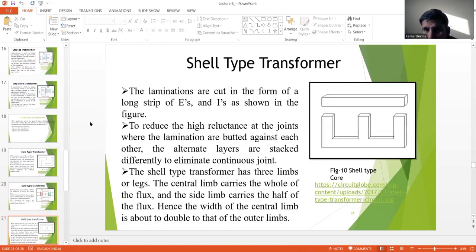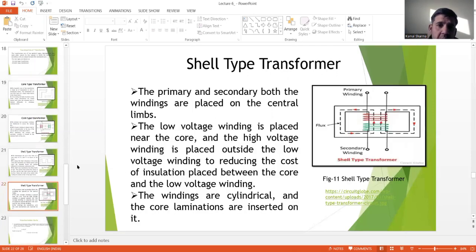Separate limbs. You can see in a shell type transformer, we have E type and a central limb. Most of the windings are along the central limb, so it will carry the whole of the flux and the side limbs carry half of the flux. In the shell type transformer, as I told you, the primary and secondary windings are placed on the central limb.